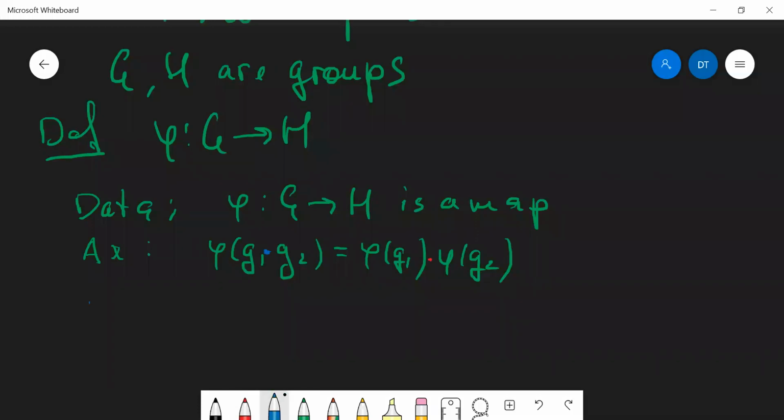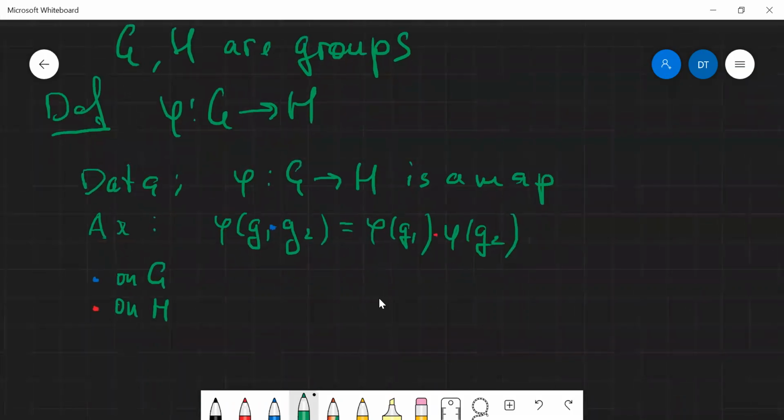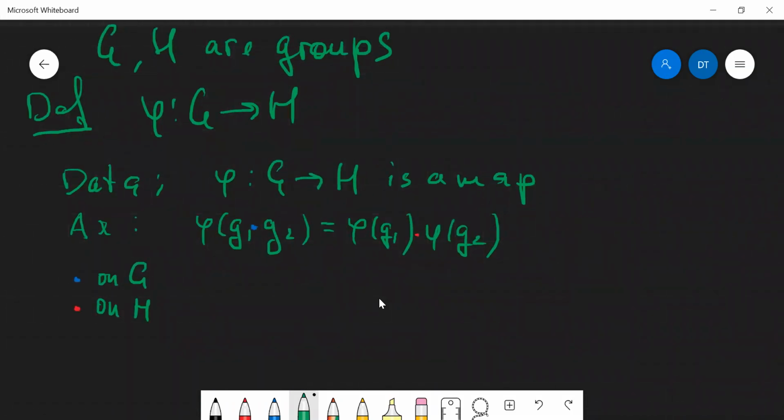The blue one is an operation on G, and the red one is an operation on H. Here we multiply using the operation in G, and here we multiply using the operation in H. Are there any questions?